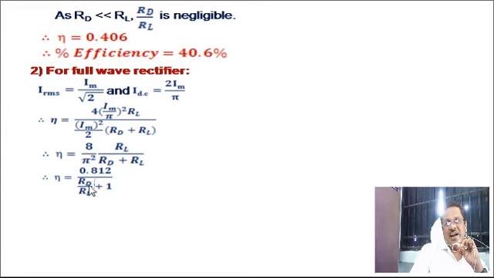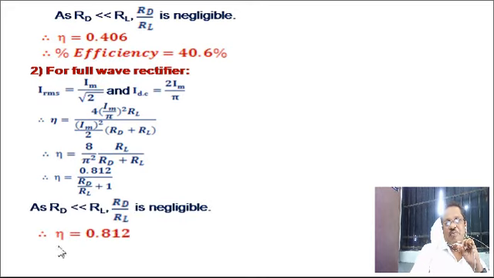Again here RD upon RL is very much less than 1, so it is almost negligible because RD by RL plus 1 is at that time equal to 1. So efficiency eta will be 0.812, and therefore the percentage efficiency for full wave rectifier is 81.2%.